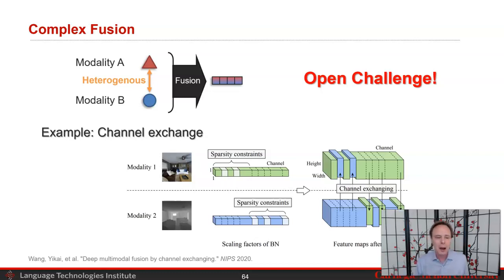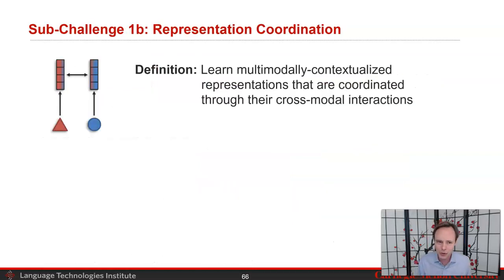But in the spectrum of complex fusion, it's still a little bit closer to basic fusion, because you still need originally some representation that is a vector. So there is a lot of interesting space to explore in complex fusion.